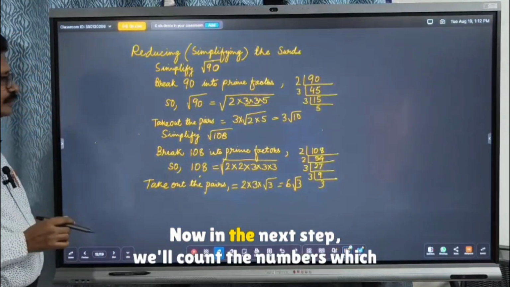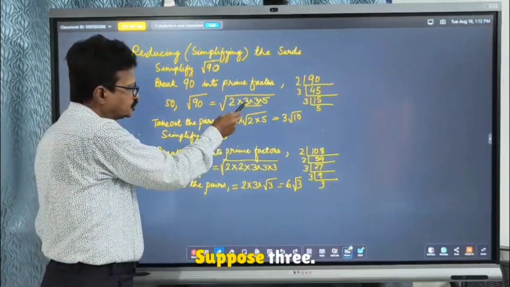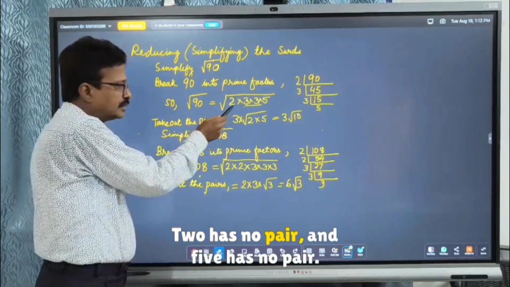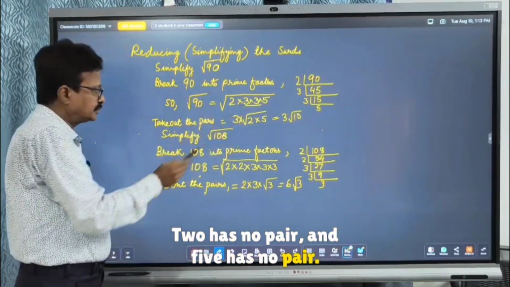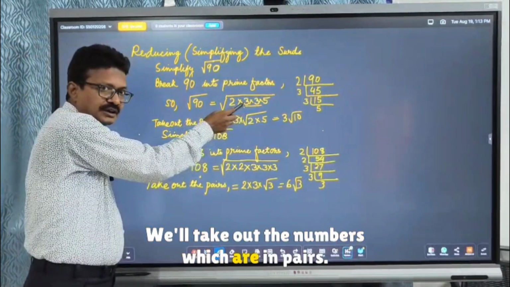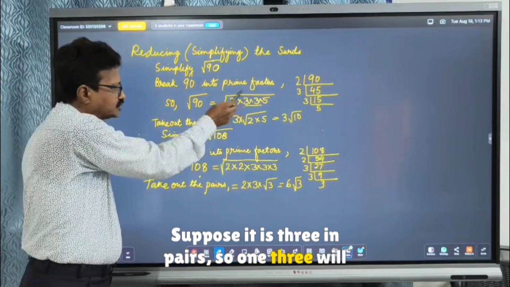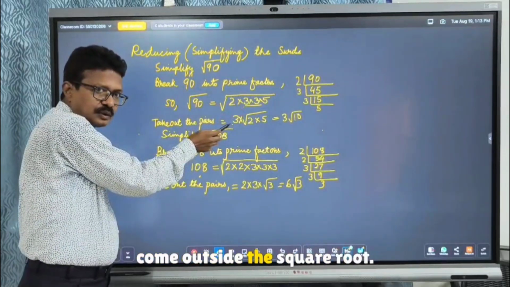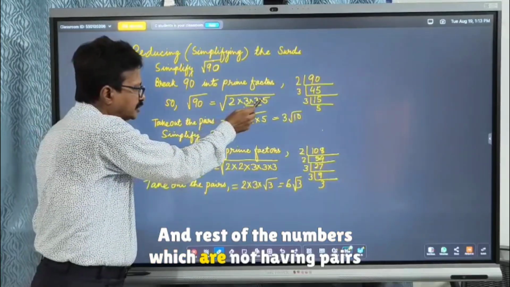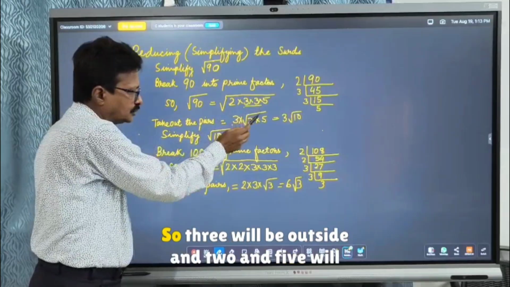Now in the next step, we will count the numbers which are in pairs. Suppose 3, it is in a pair. 2 has no pair and 5 has no pair. So we will take out the numbers which are in pairs. Since 3 is in a pair, one 3 will come outside the square root. The rest of the numbers which do not have pairs will remain under the square root.